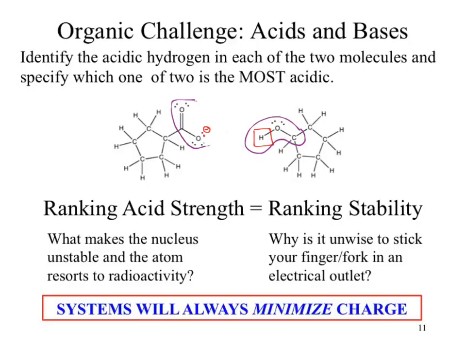We can remove that hydrogen. What happens to the other one? As a hint, it's the same thing. Becomes negatively charged. Negative oxygen versus negative oxygen. What's the difference in electronegativity? Nothing. What's the difference in size between an oxygen and an oxygen? Nothing. Why are they different acidities?